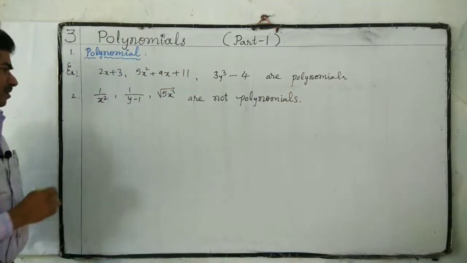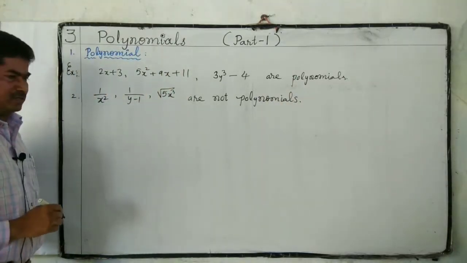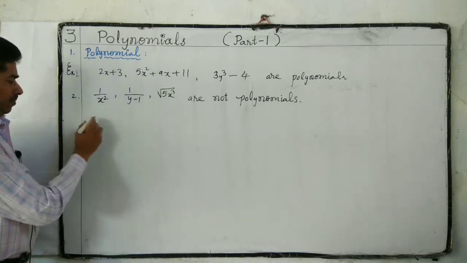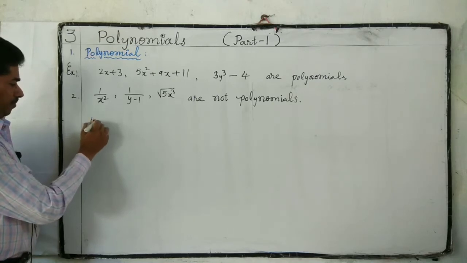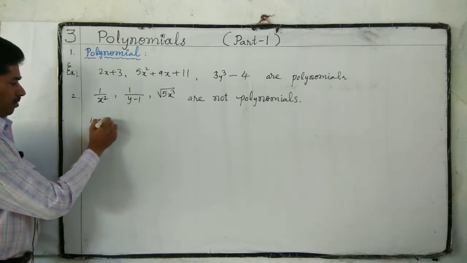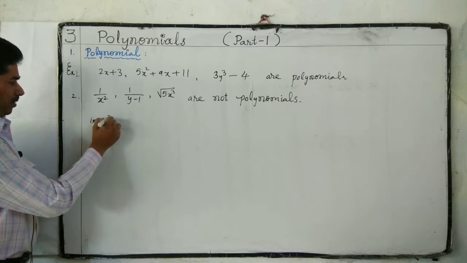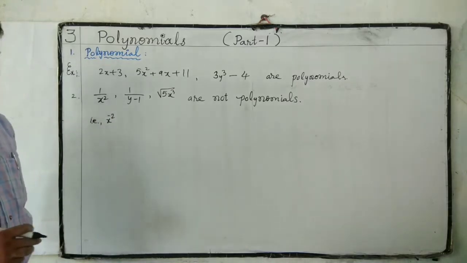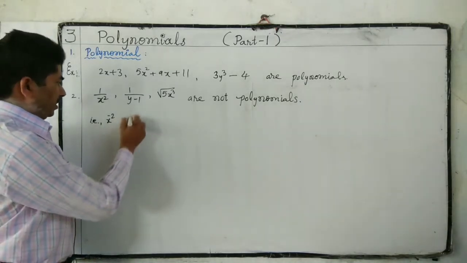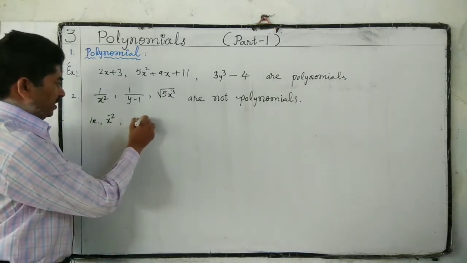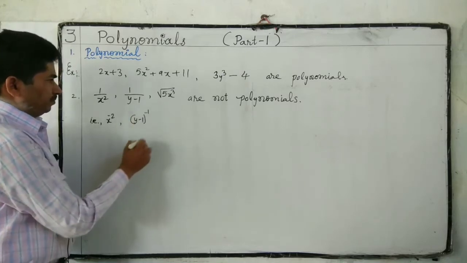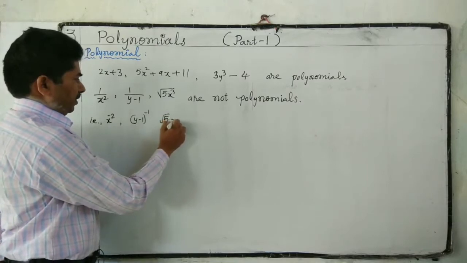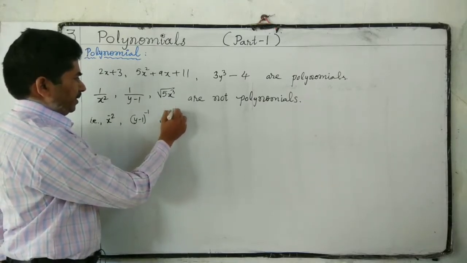These are not polynomials. Why are these not polynomials? Because we can see x to the power of minus 2, negative integral power. Here also y minus 1 whole to the power of minus 1. This is root 5 x to the power of 3 by 2.